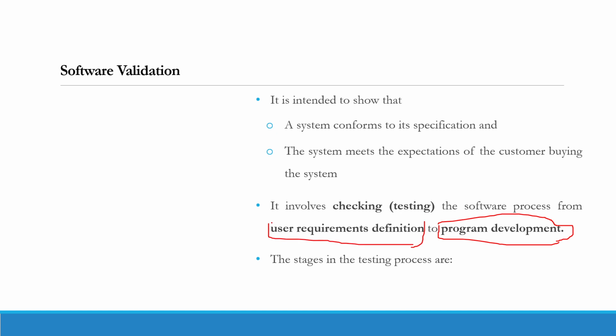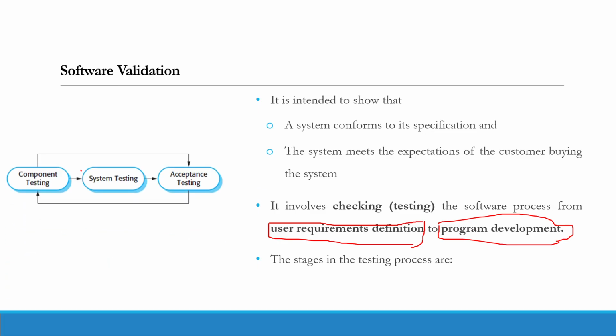So we have to check whether those requirements are answered by this software development process. In general, we have three types of software validation: component testing, system testing, and acceptance testing. Overall, we have to check whether the system is working according to its specification or the user's expectation.